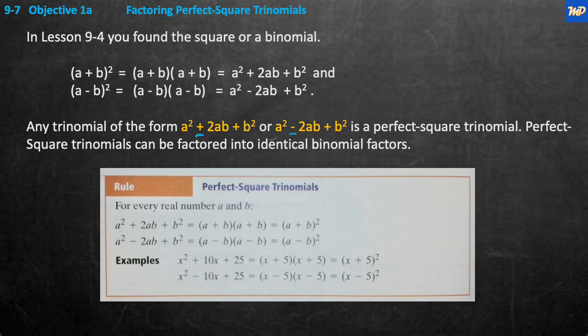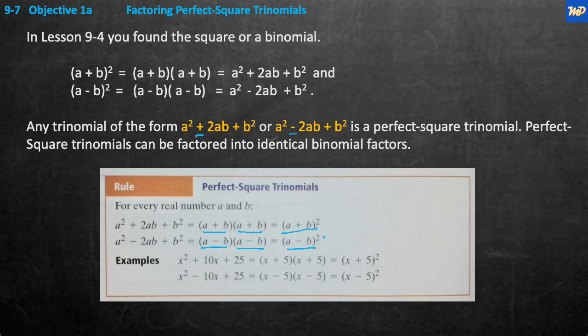You can see that because this is no more than a plus b times a plus b, which is a plus b squared. And we'll look at the negative version. A squared minus 2ab plus b squared is equal to a minus b times a minus b, or we could rewrite it as a minus b squared.